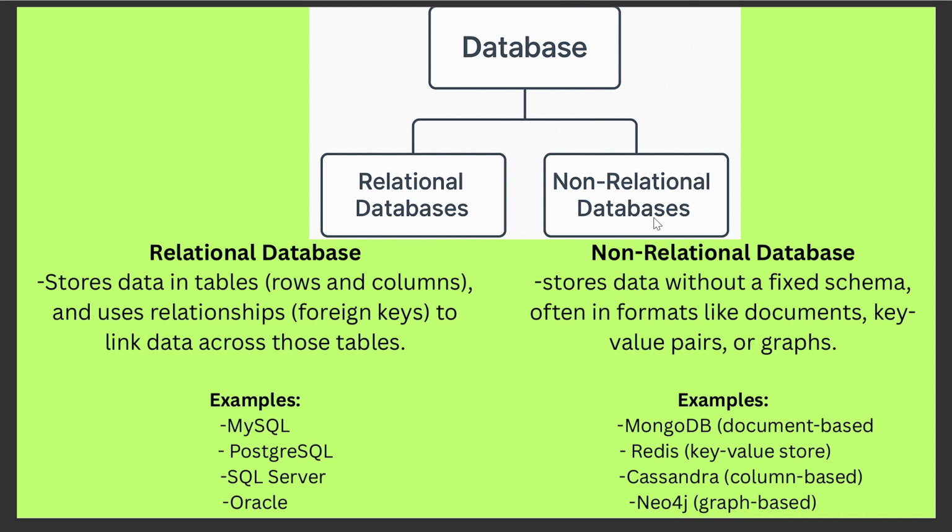While on the other side, a non-relational database stores data without a fixed schema, and often stores data in formats like documents and those kinds of things. So these are some examples of non-relational, and these are some examples of relational databases.